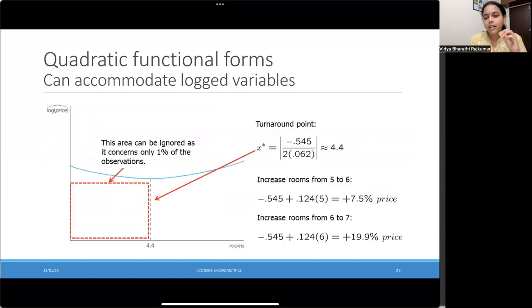So here is a model where rooms actually has a convex relationship to log of prices. We start off at a particular value, and until we get to a certain number of rooms, it turns out that more rooms are actually suppressing house prices.